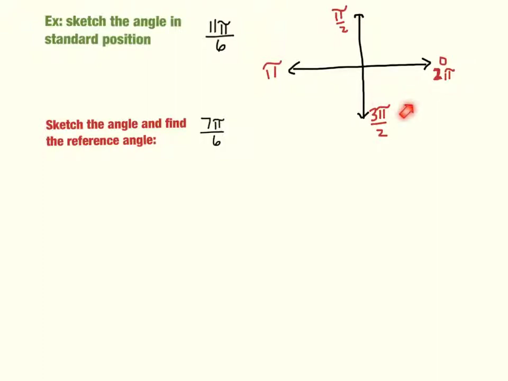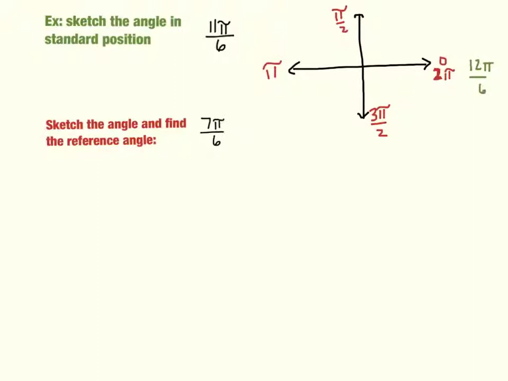The other way I can go about it is I can just look at each of these, the 0 and 2 pi, pi over 2, pi, 3 pi over 2, and I can rewrite them all as something divided by 6. So instead of 2 pi, to get a common denominator, that'd be 12 pi over 6. Right?